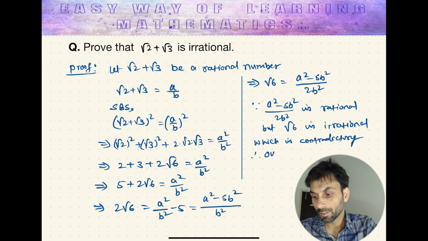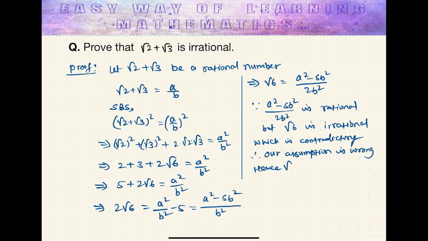Therefore, our assumption is wrong, and hence root 2 plus root 3 is an irrational number. So this is how we are going to solve these types of questions.